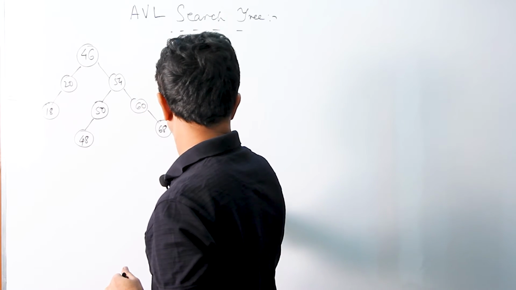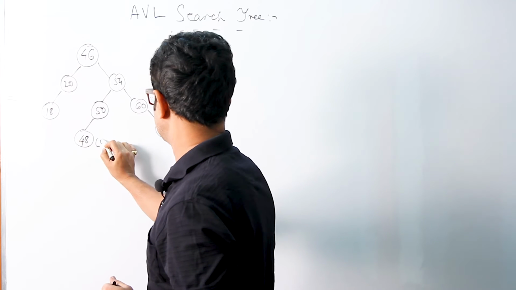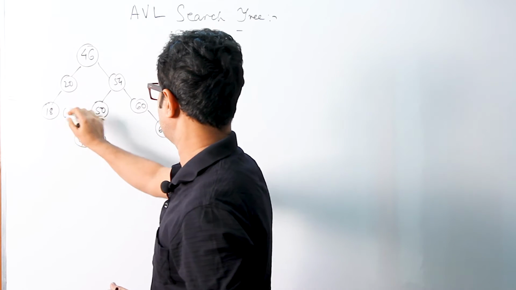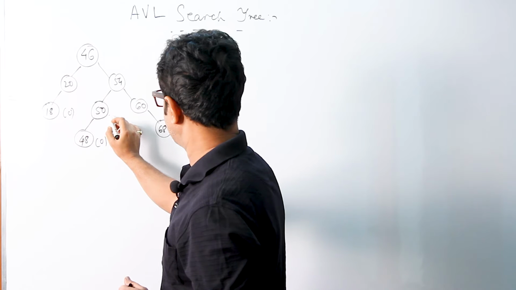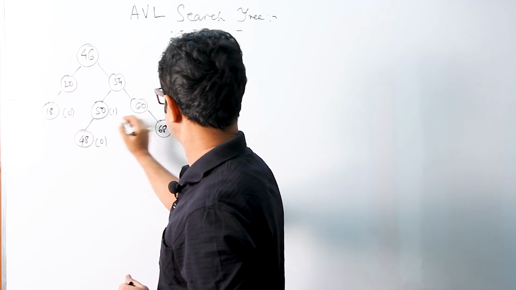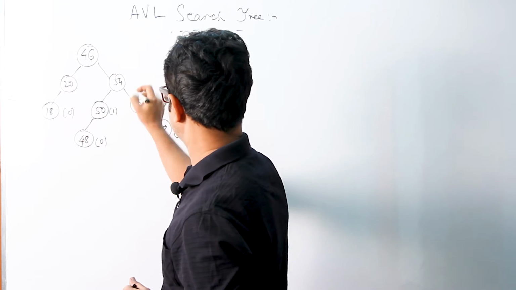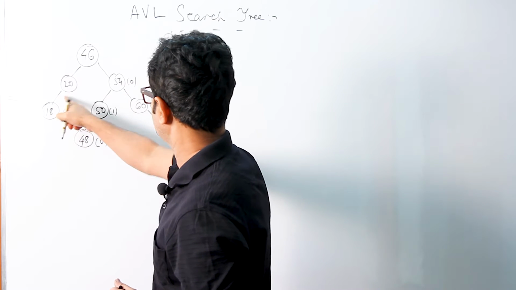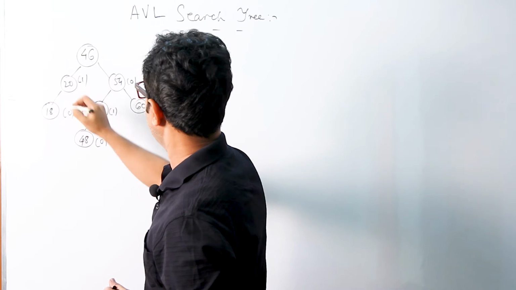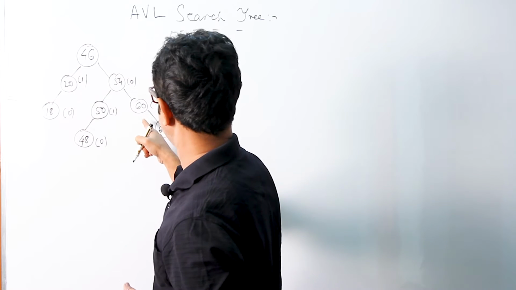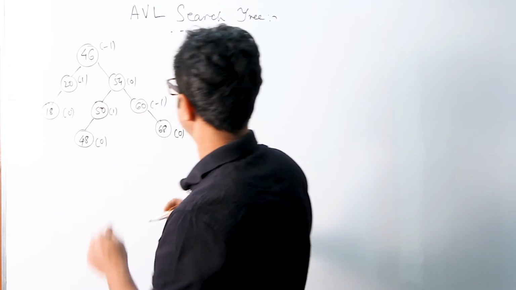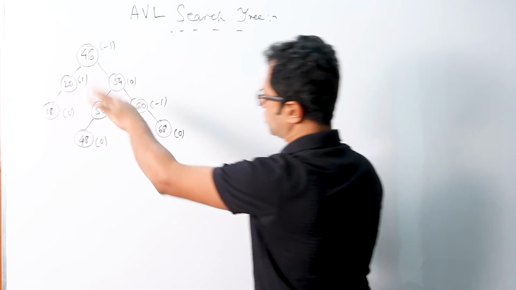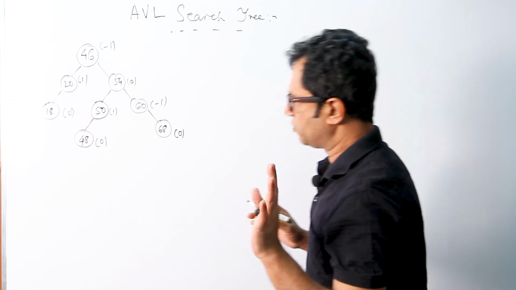The balance factor of this 68 is 0, this is 0, this is 0, because all of them are leaf nodes. This balance factor is 1, this balance factor is minus 1, this balance factor is 0, this balance factor is 1 minus 0 means 1, this balance factor is 2 minus 3 means minus 1. So this is an AVL search tree because all the balance factors are lying within the permissible range of values.